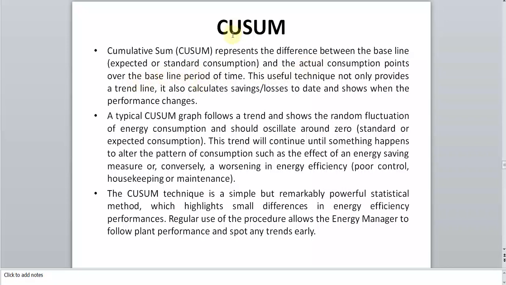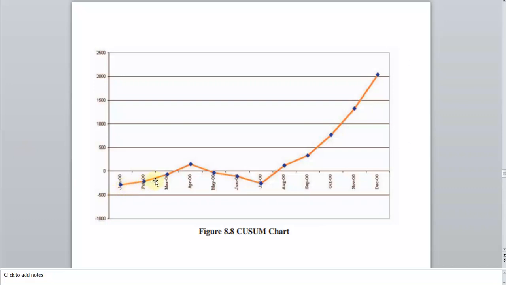This technique of CUSUM not only provides a trend line, it also calculates energy saving or losses to date, and it shows when the performance changes. Whatever line you are seeing here is the trend. In the month of January the energy consumption is less. As time increases, in the month of April the consumption is a little bit higher.